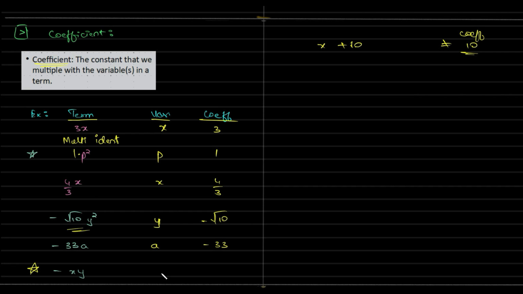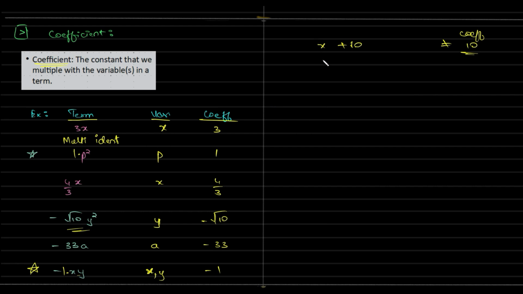And we have the next one, x and y as your variables, and the coefficient is negative 1 into x into y. So the coefficient is negative 1. Again, I didn't have any number, I just put 1, and along with it I have to consider the sign, so we have negative 1 as the coefficient for negative xy. This is very important.